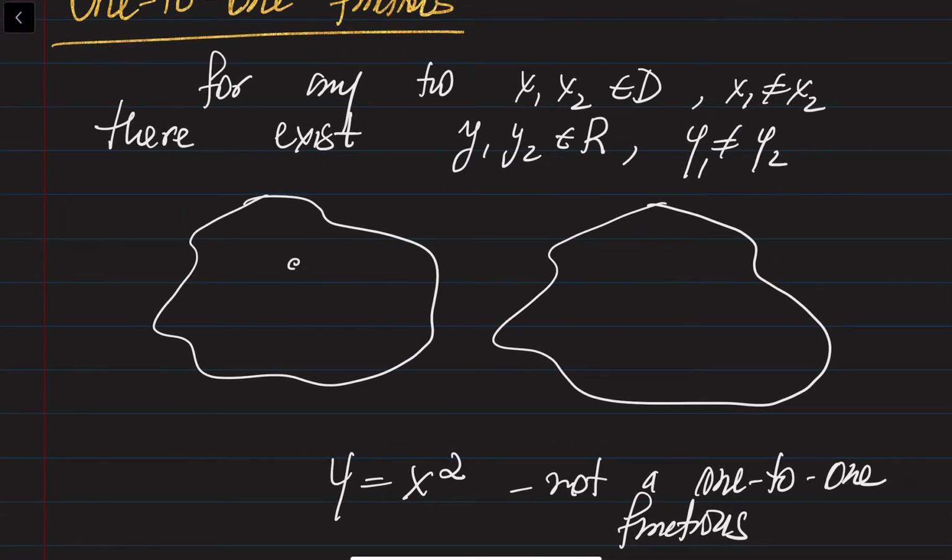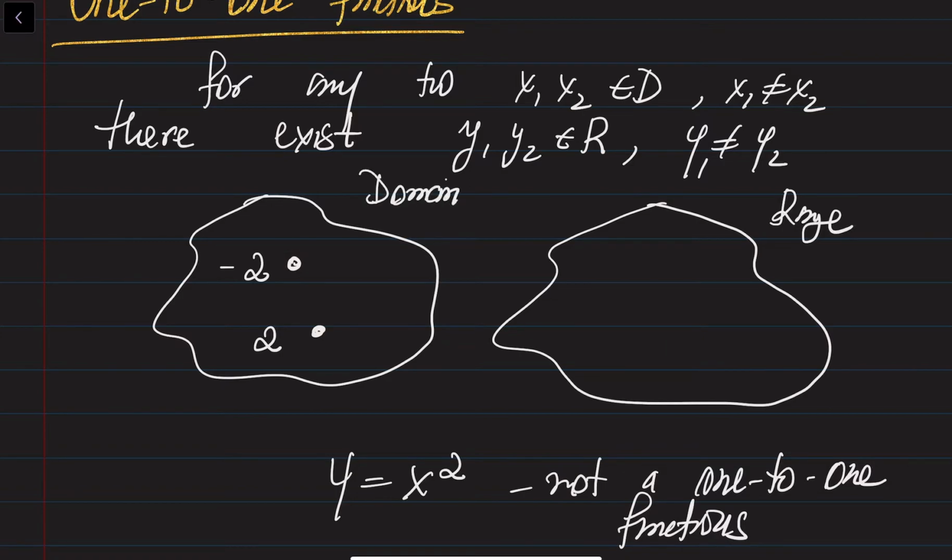If you remember, the one-to-one function tells you that if you choose two different values from the domain, for example minus 2 and 2, you need to have two different corresponding values in the range, right? This is the range, this is the domain.